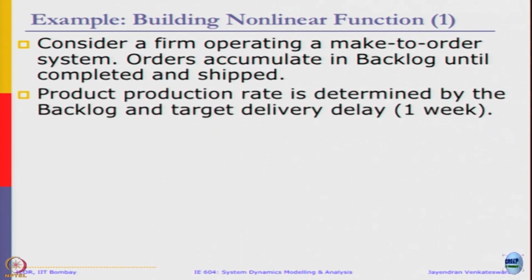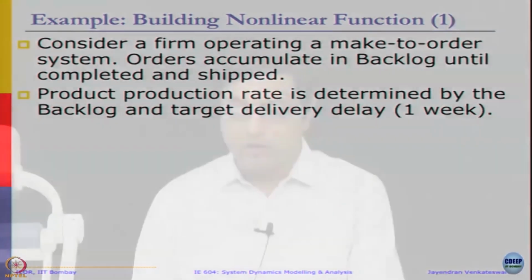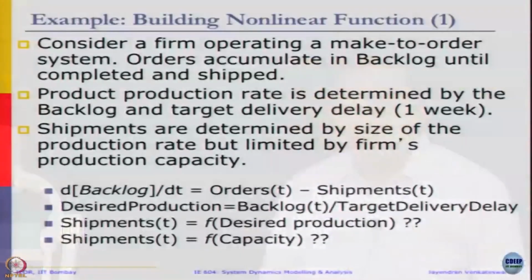People look at the backlog and, based on target delivery delay and the backlog, determine the production rate. Shipments are determined by the size of the production rate, limited by the firm's production capacity.